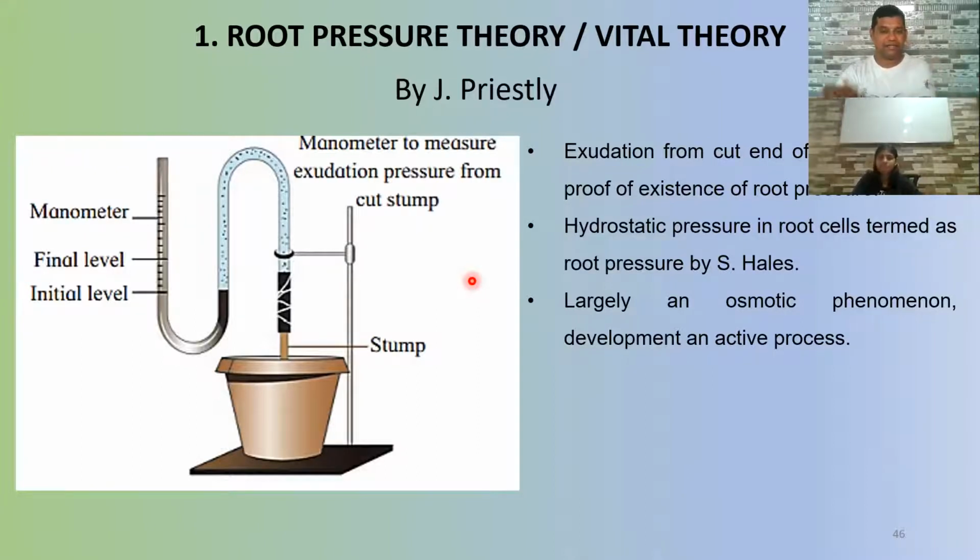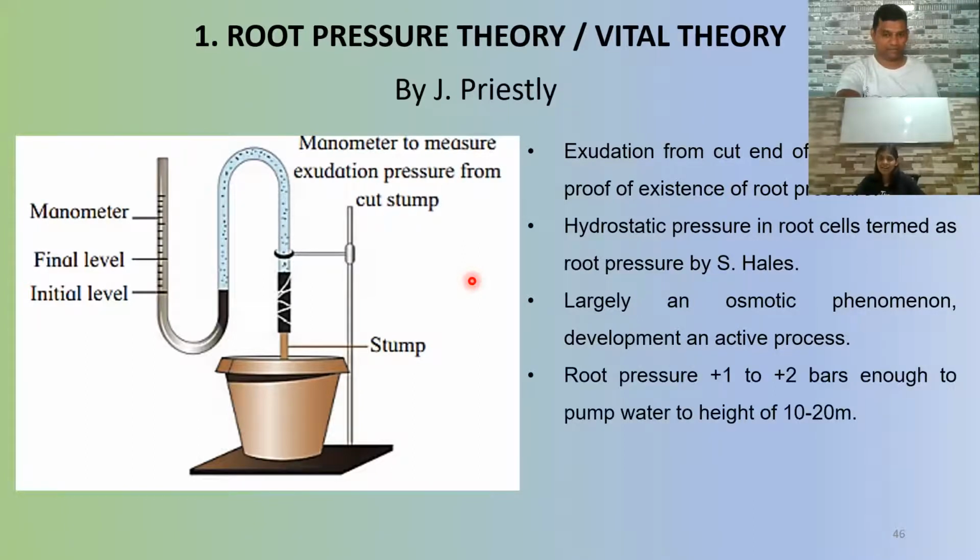If you look at adjacent cells, there is a difference in the concentration gradient. So from one cell to the other, water is translocated, which is osmosis. This is root pressure development.